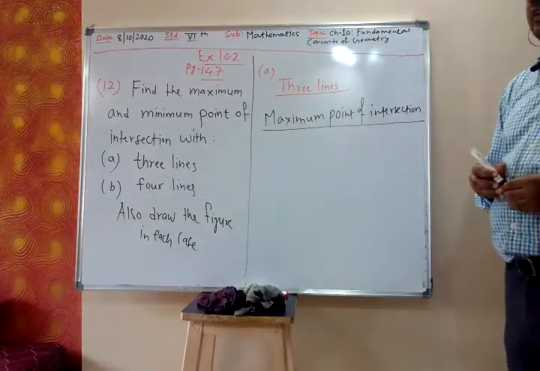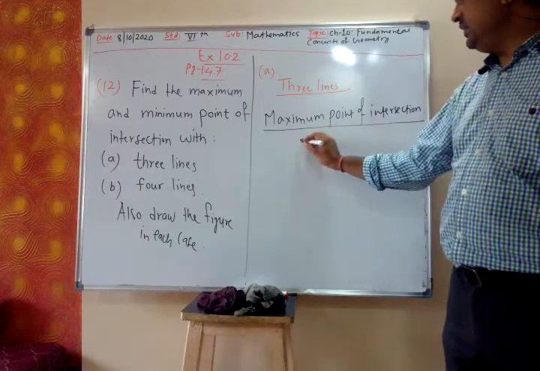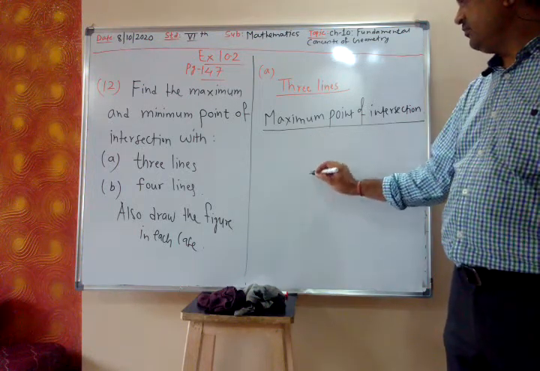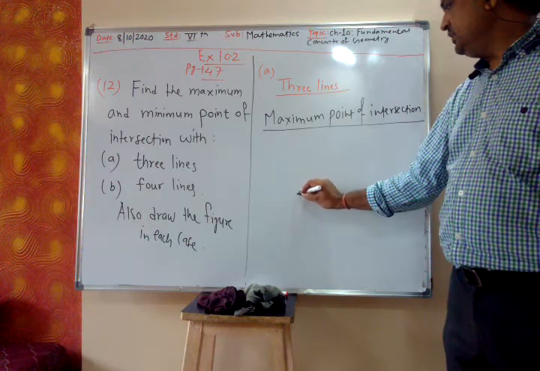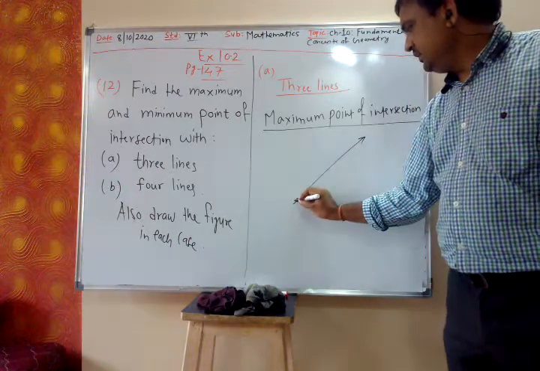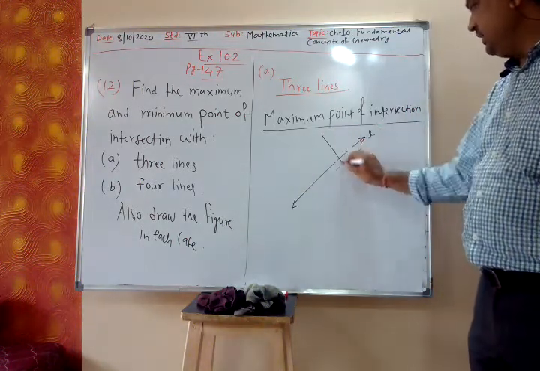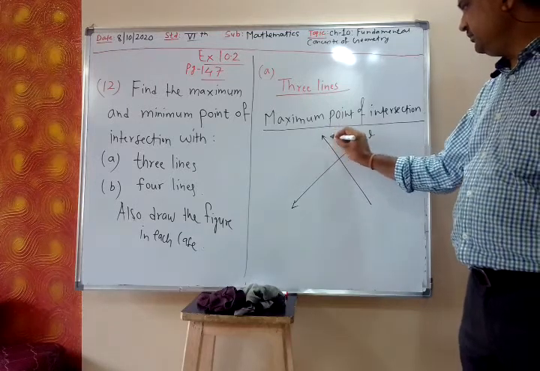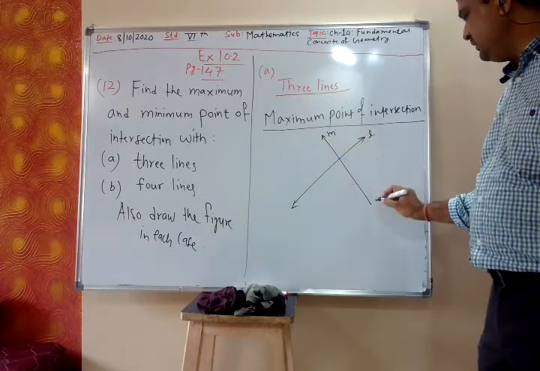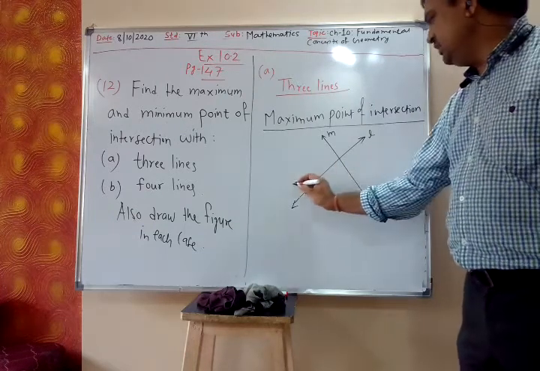For 3 lines we consider the maximum point of intersection. Just now we have seen the previous diagram. This is my line L, this is my line M. Now you can draw the third line.